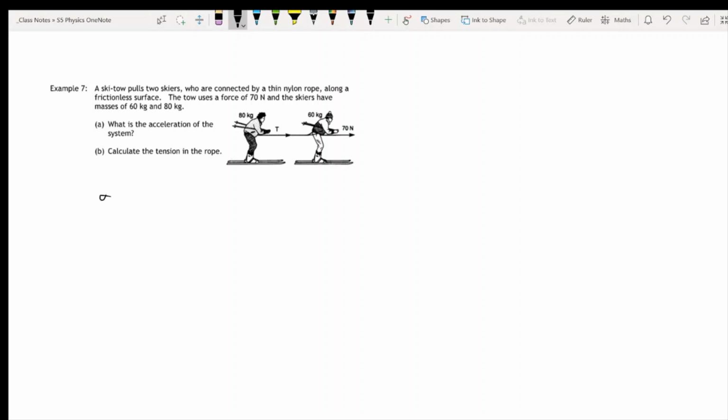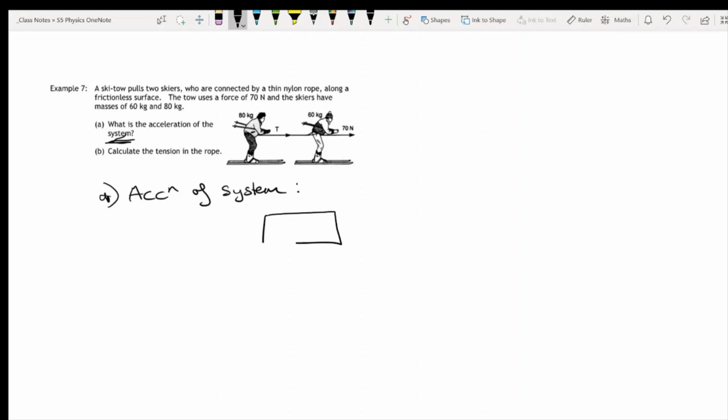When it asks the acceleration of the system, that means you can treat it all like one big mass. So you treat those two skiers like they're just one mass. So we can look at it like this.